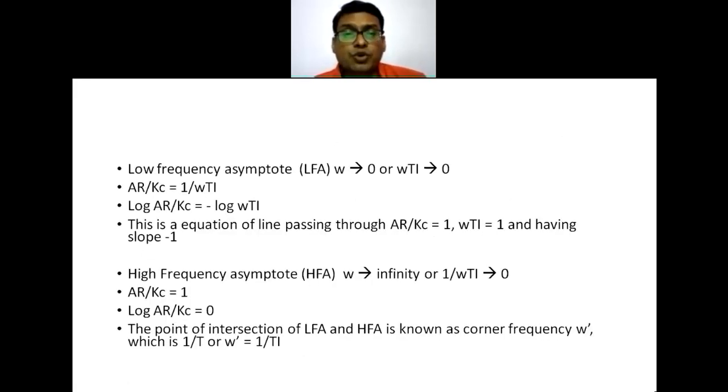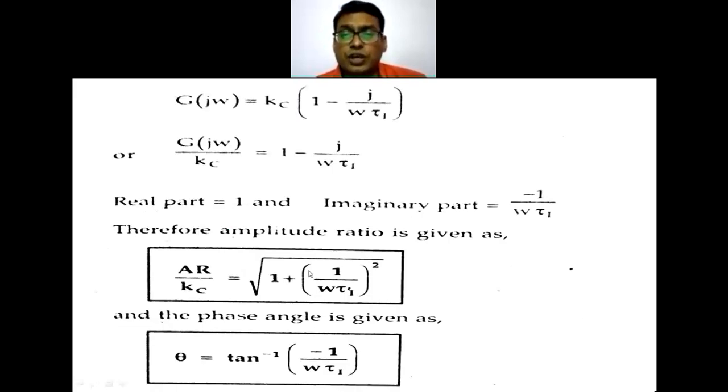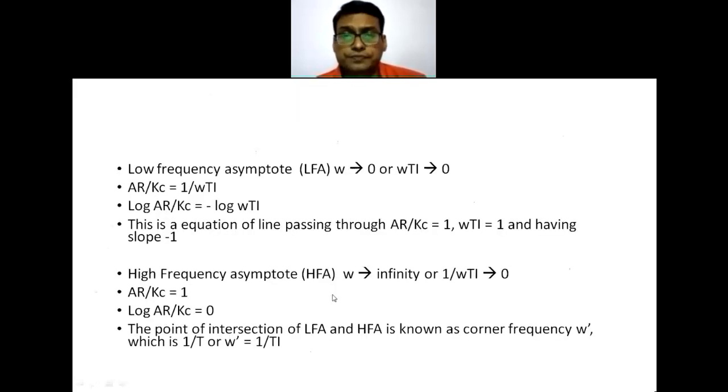So amplitude ratio upon Kc becomes equal to 1 upon W tau I. So log of amplitude ratio upon Kc is equal to minus log of W tau I. So this is the equation of a line passing through amplitude ratio upon Kc equal to 1 and W tau I equal to 1. So this is y equal to mx plus c, where c is 0 and m is the slope, which is minus 1, and W tau I is nothing but our x-axis.